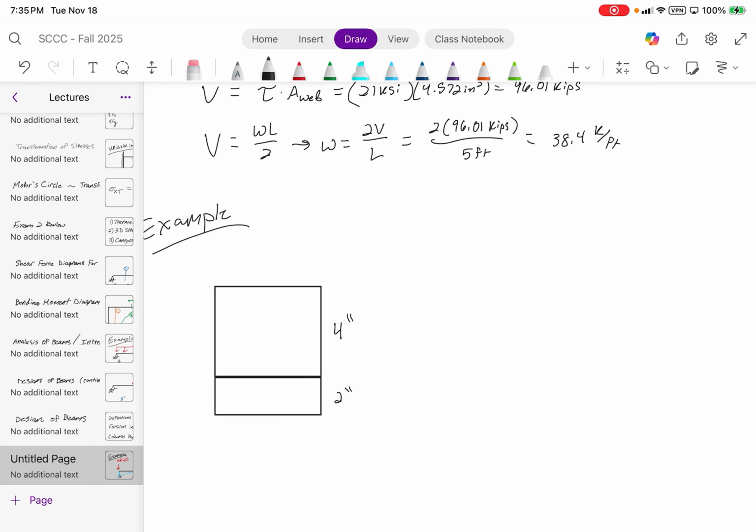I don't want to make them too weird. We'll say that this is copper and that this is yellow brass, annealed copper.